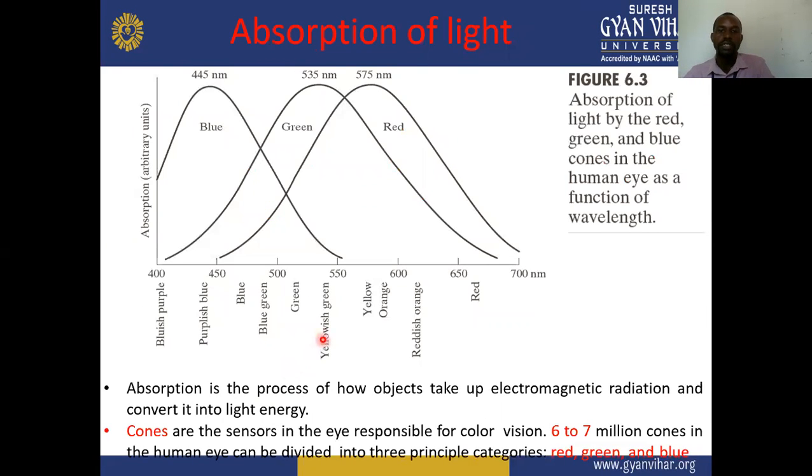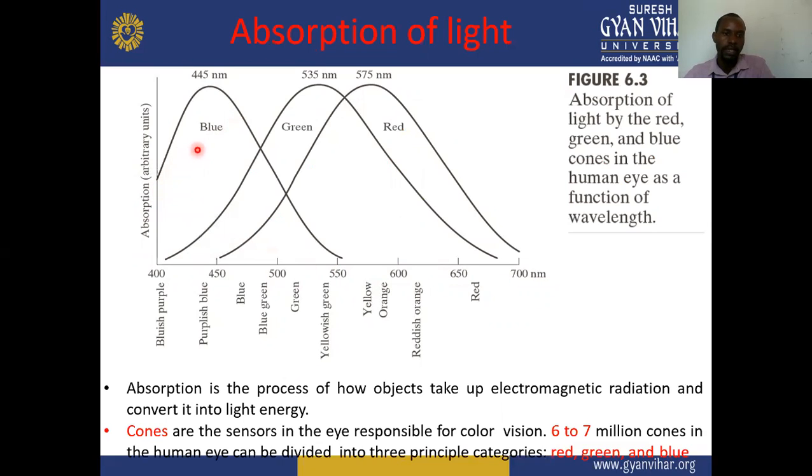So next, we are going to discuss the absorption of light. The absorption of light can be represented using this graph. Along the y-axis, we have the absorption in arbitrary units. And on the x-axis, we have the wavelength, represented in nanometers.